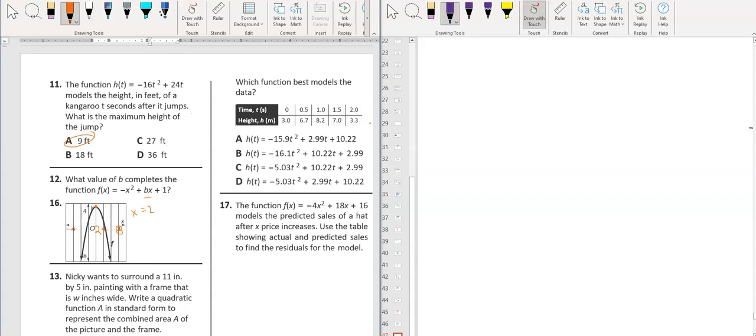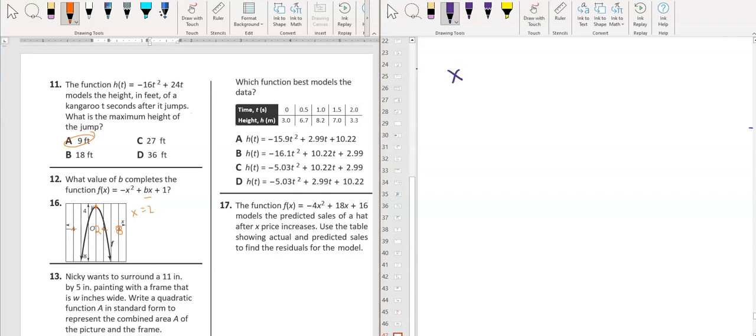My line of symmetry right there, my axis of symmetry, is 2. So what I need to do is plug in information in order to solve for b.